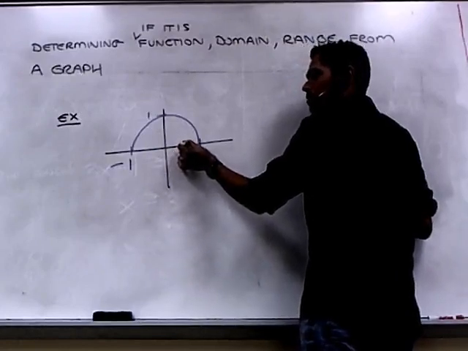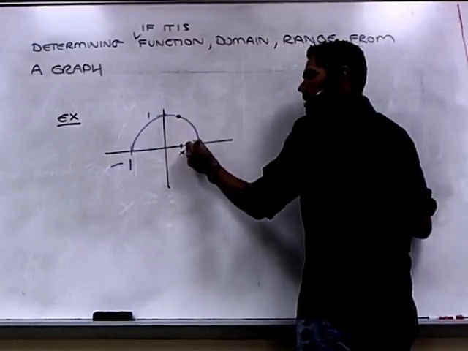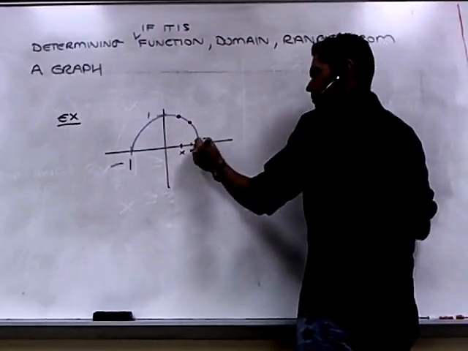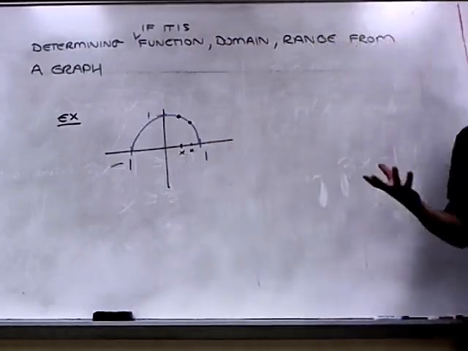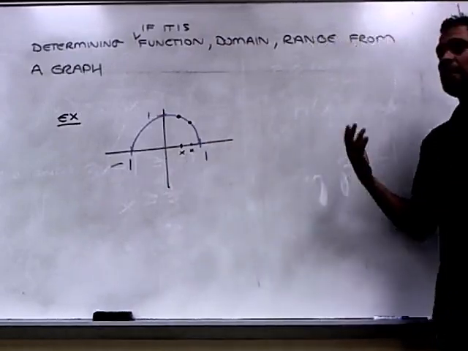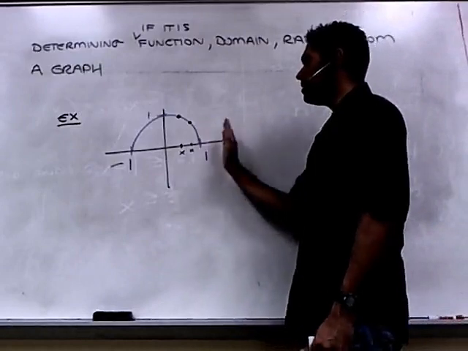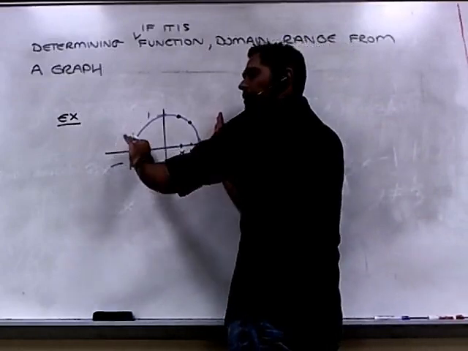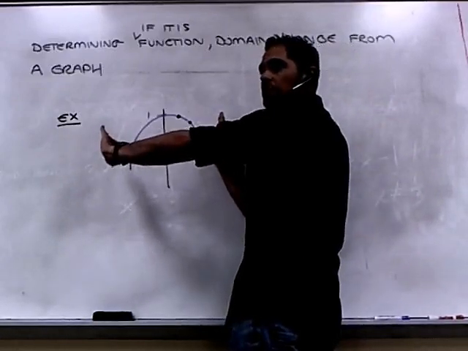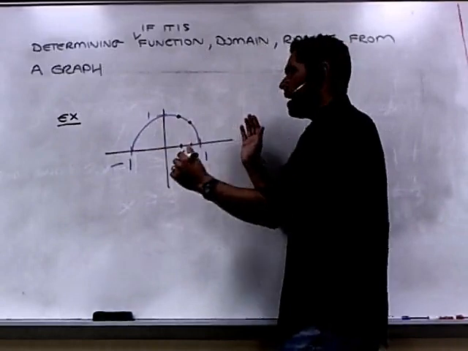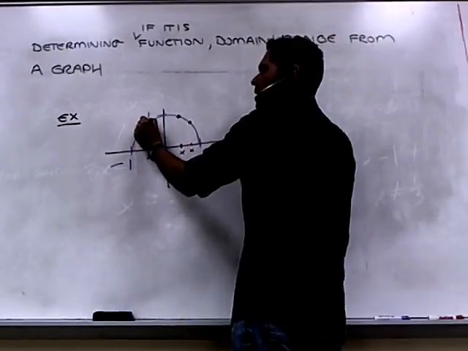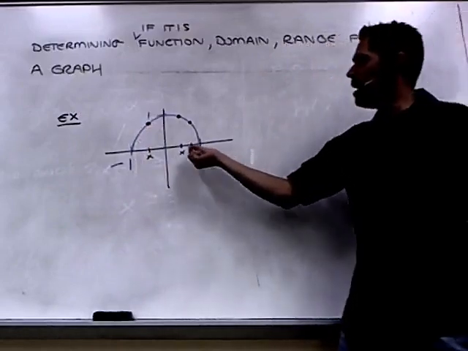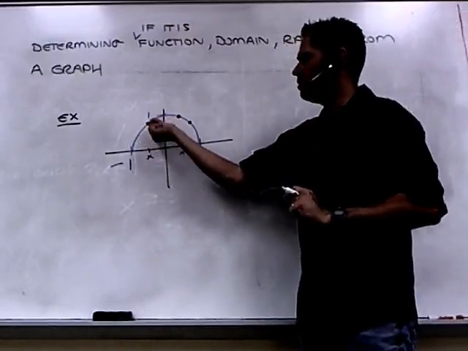Does something come out? For every input that I have, is there an output? Once I get past 1, there's no graph. That simply means that the domain stops at 1. And after -1, the domain ends. But within the domain, is there something there? Yes. And there's only one thing. I come out here, go up, there's only one answer.